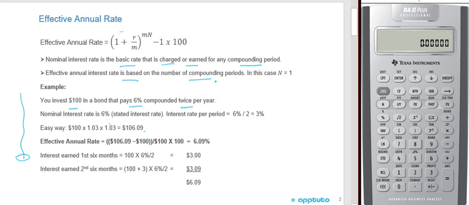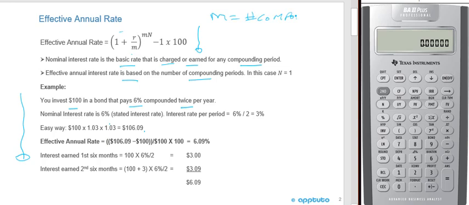So we have an algebraic formula here at the top, and don't be intimidated by it, because the logic is very easy, and it's easy to answer these questions not using algebra. But in this case, the effective annual rate is 1 plus the nominal interest rate divided by M, all raised to the power N, minus 1. M equals the number of compounding periods.